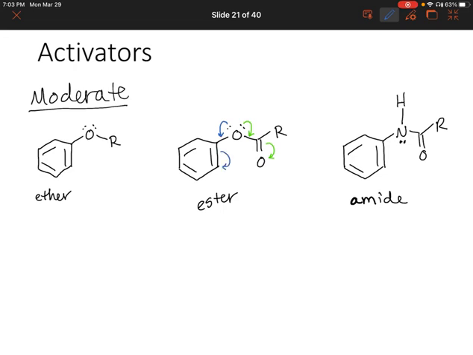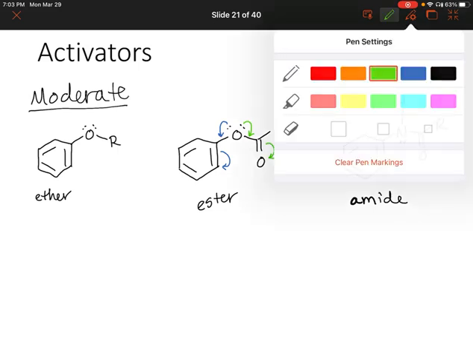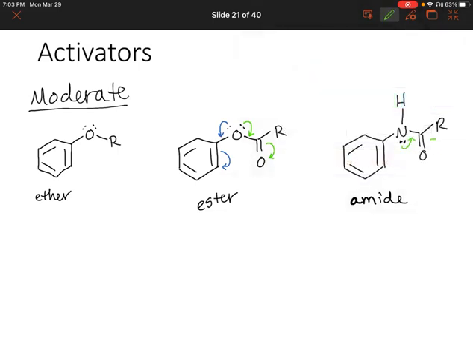So electrons could go towards the ring or away from the ring. And it's the same for the amide. That lone pair of electrons could move to the right or to the left. So there's competing resonance structures there. So these are still relatively good activators, but they're just not as strong as the ones that we saw earlier.